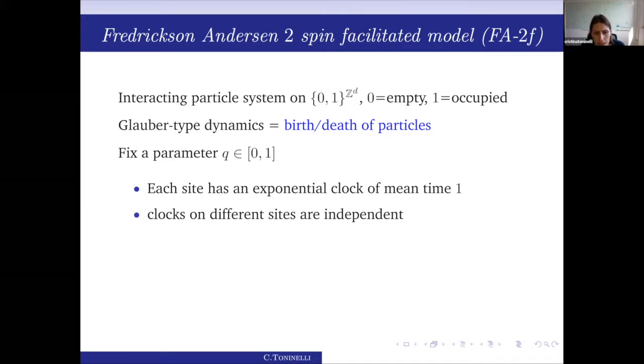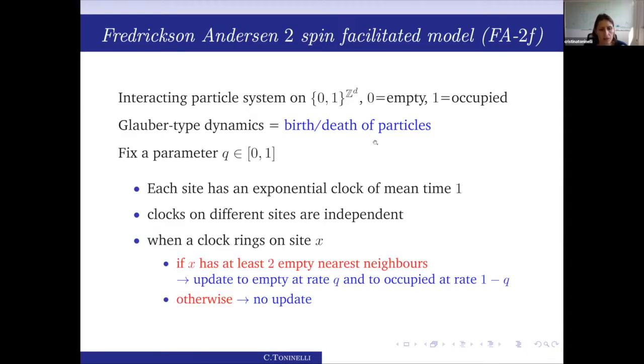On each site of the lattice, I have an exponential clock of mean time 1. Clocks on different sites are independent. When the clock rings on a given site, then the occupation variable at that site can be updated. In particular, first of all, I have to check whether the site has, in the current configuration, at least 2 empty nearest neighbors.